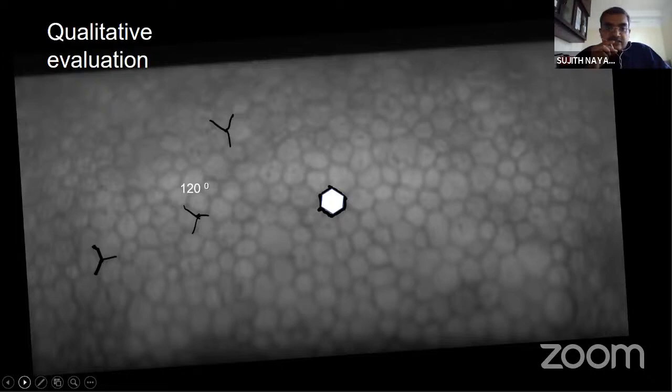Again, the most important is the size and shape of the cell, and you can see that the borders of the cells classically are termed as 120 degrees apart. So you have to look at the various frames that have been collected and see how the cells have been arranged on the posterior aspect of the Descemet membrane.